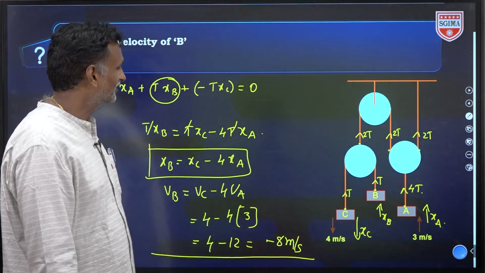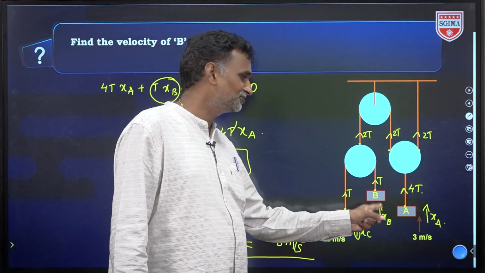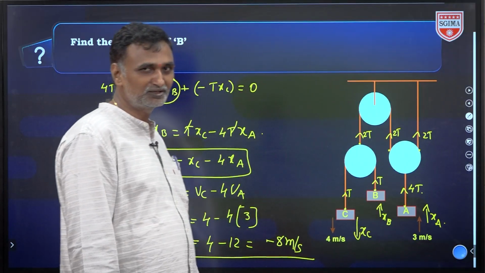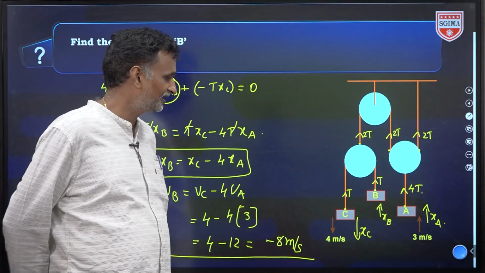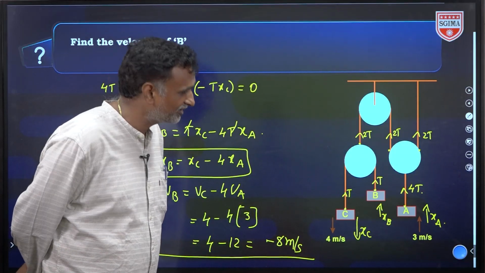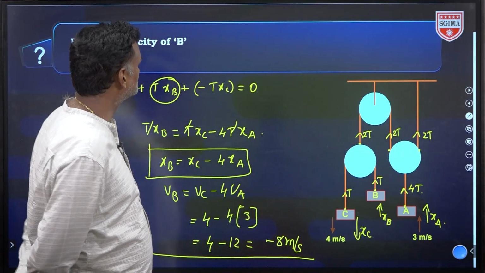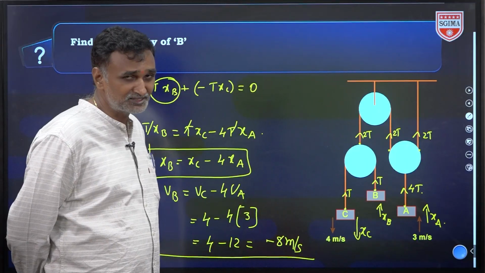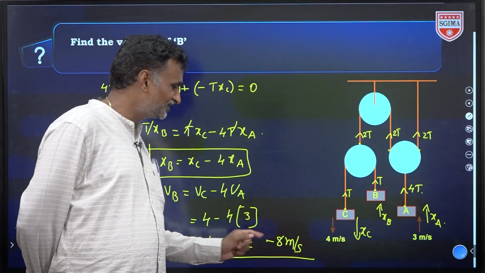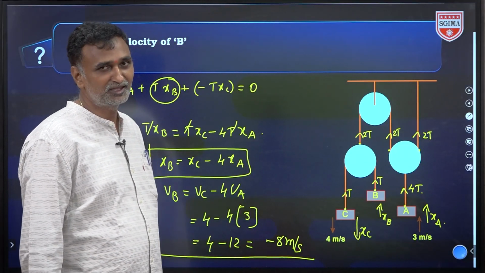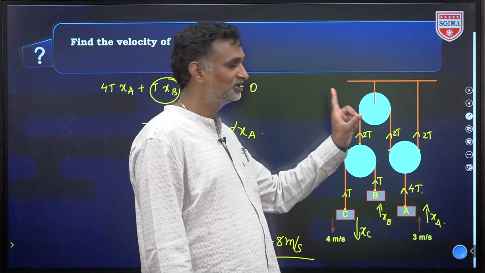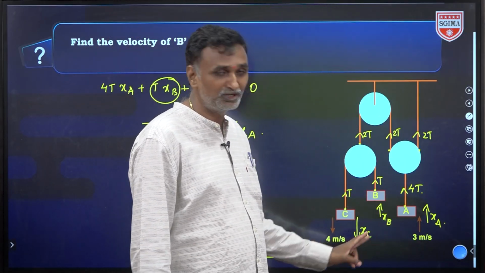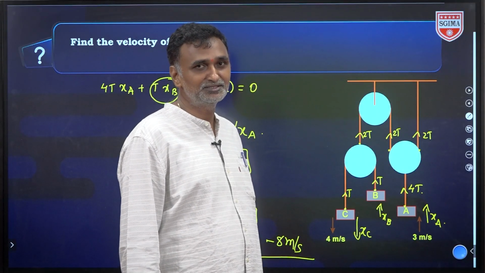Whatever direction we choose, if it is wrong, it actually moved downward. Actually we need to take it as downward, but we have chosen upward, but the answer won't change. Only the minus sign will come. Minus 8 meter per second means the block must go downward. Okay? So that is the right answer.